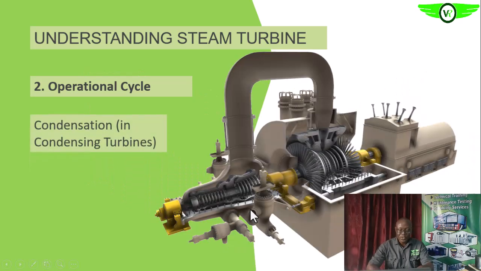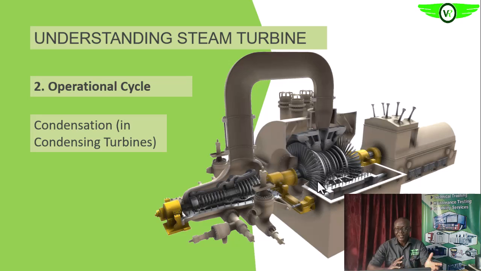Apart from what we have discussed now, in larger turbines we have what are called condensers, and such turbines are regarded as condensing turbines. On those multi-stage turbines, as you can see here, after the steam goes through the LP turbine, the pressure will be so low that it can result in condensation, which will affect the turbine.